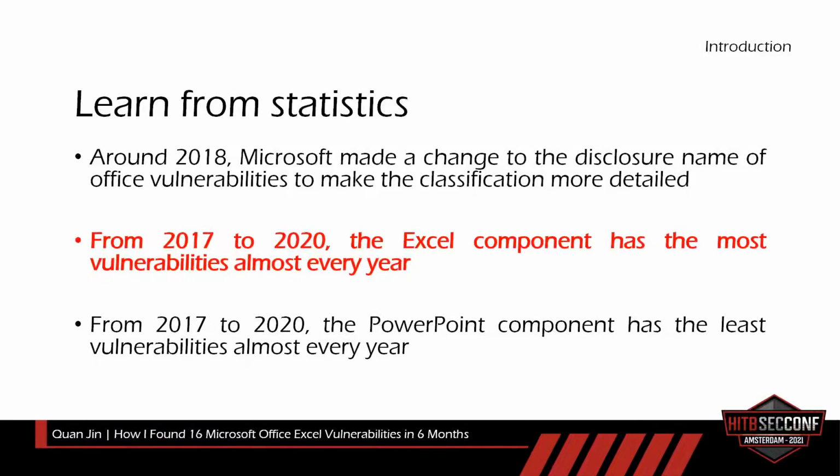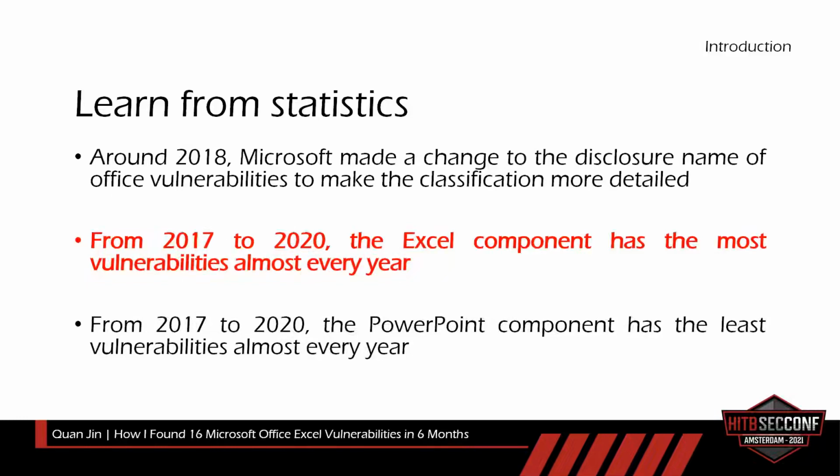Number one, around 2018, Microsoft made a change to the disclosure of Office vulnerabilities to make the classification more detailed. Number two, from 2017 to 2020, the Excel component has the most vulnerabilities almost every year. Number three, from 2017 to 2020, the PowerPoint component has the least vulnerabilities almost every year.